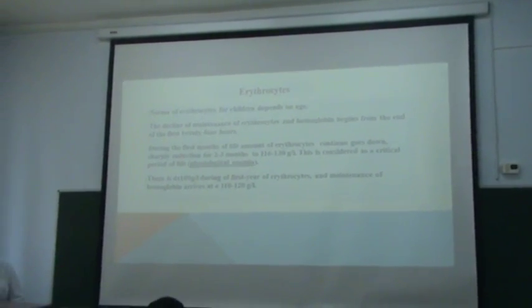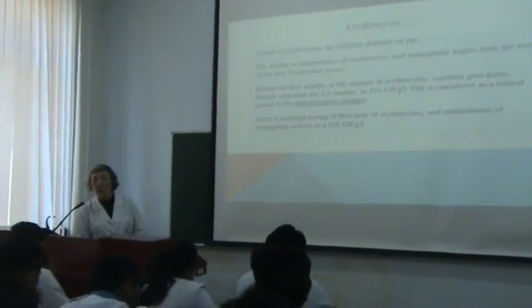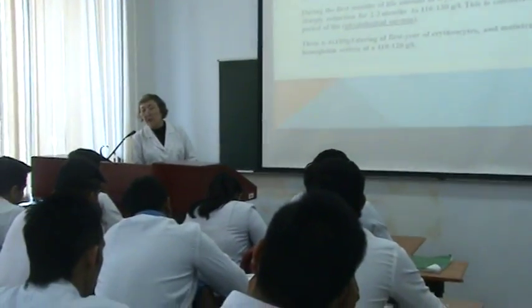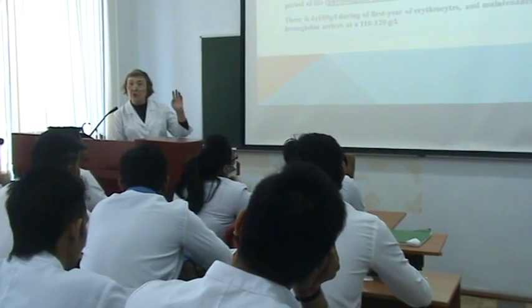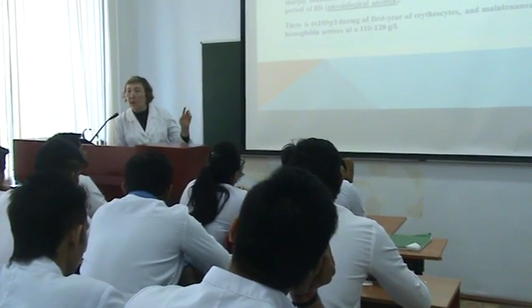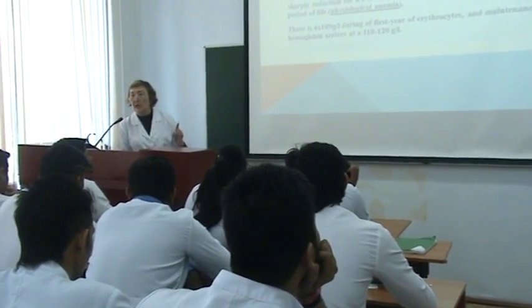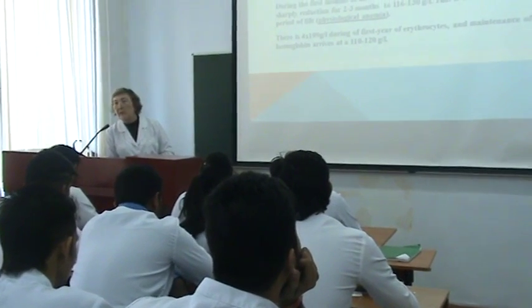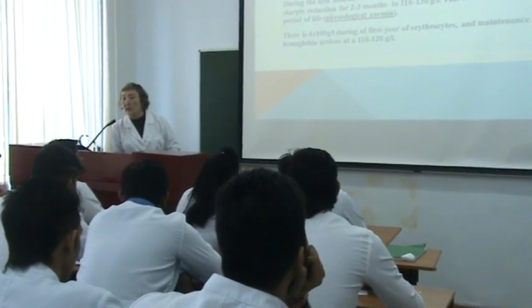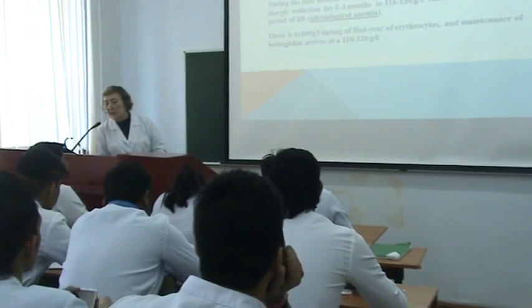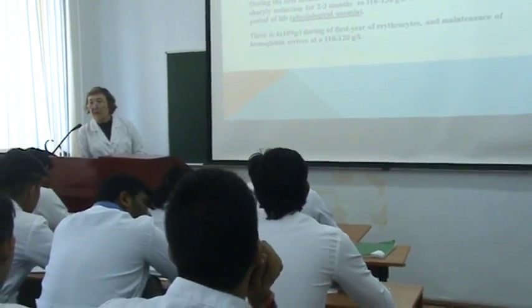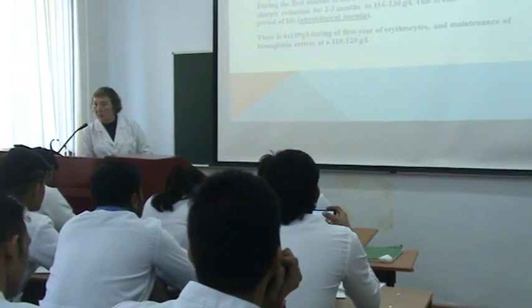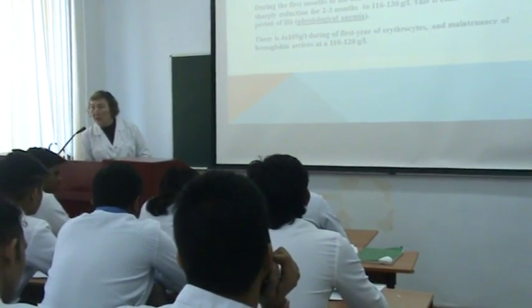During the first months, the amount of erythrocytes goes down sharply, reducing by the 2nd and 3rd months to 116, 113 grams per liter. This is considered a critical period in life, which is named physiological anemia. You should remember about it.